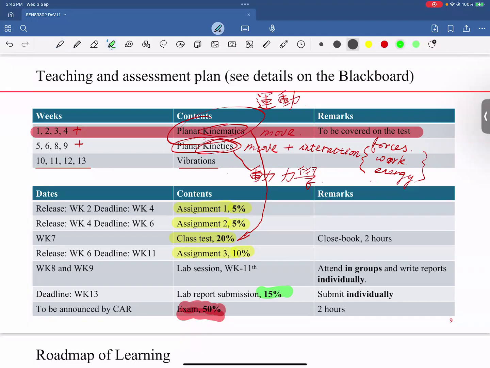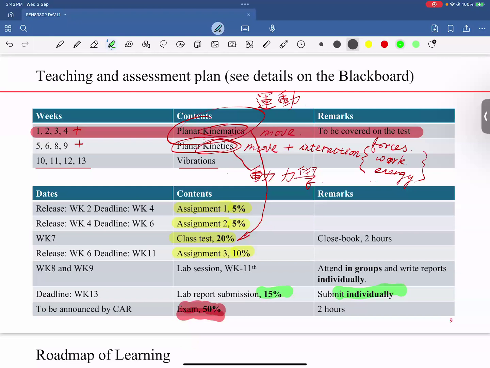Okay, it means in the same group, you analyze the same set of data, but you write your own report. Maybe you need to do the coding, do the interpretation of the data, write the report, do the review. You do it individually, and because there are 5 people in your group, I will receive 5 lab reports.